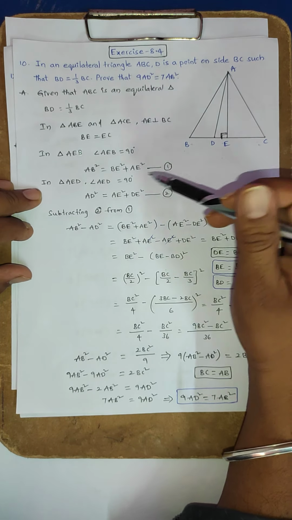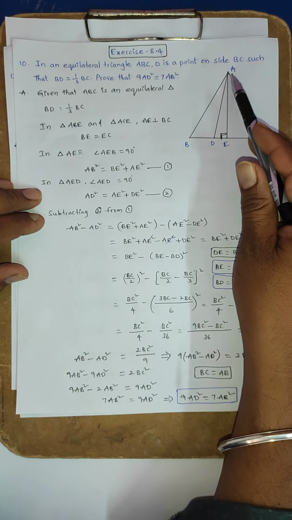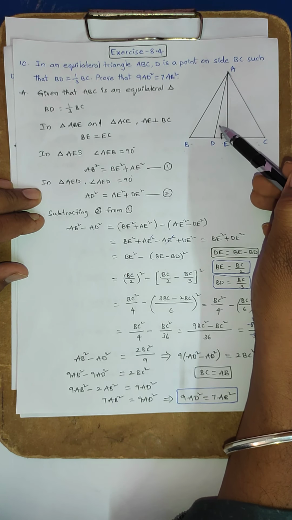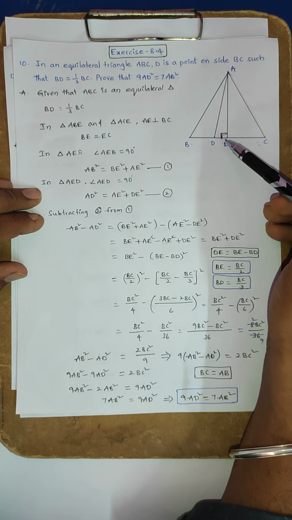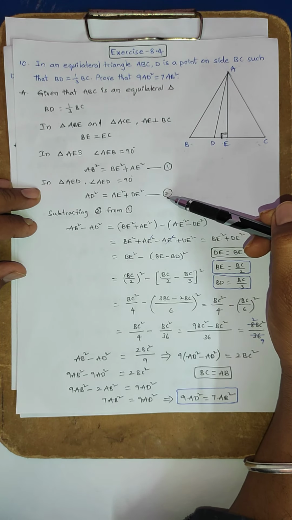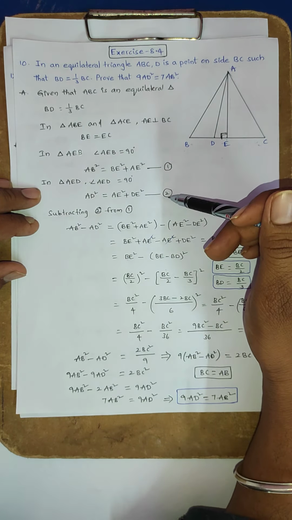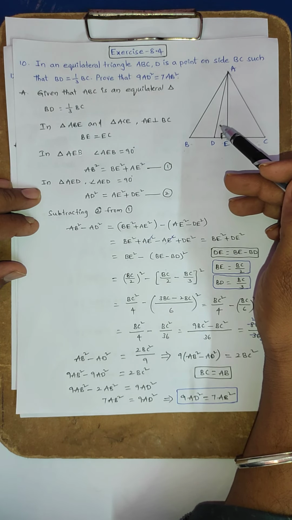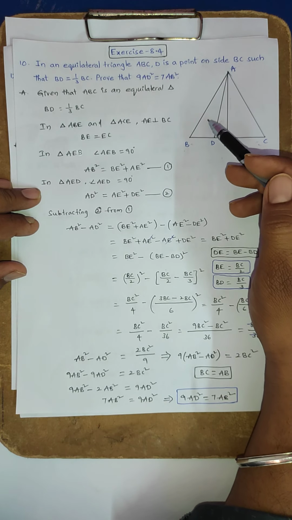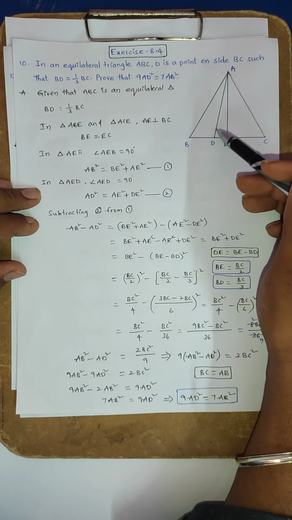First equation. In triangle AED, this small triangle, AD square is equal to AE square plus DE square. Second equation. Subtracting the second equation, subtracting this small triangle from the whole triangle, we will get this ABD.